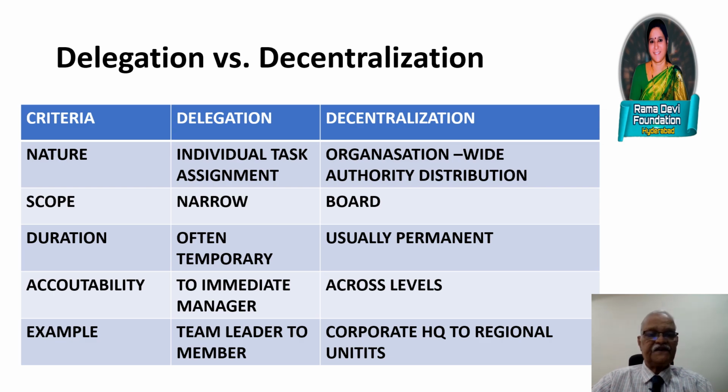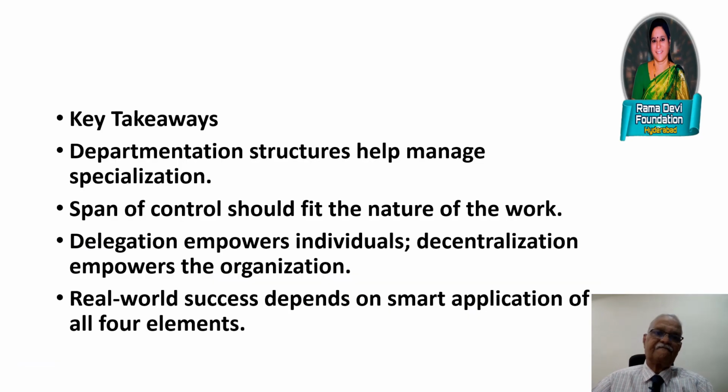The fourth criteria, accountability: delegation is to the immediate manager, decentralization across levels. The fifth criteria is example: delegation, team leader to member; decentralization, corporate headquarters to regional units.